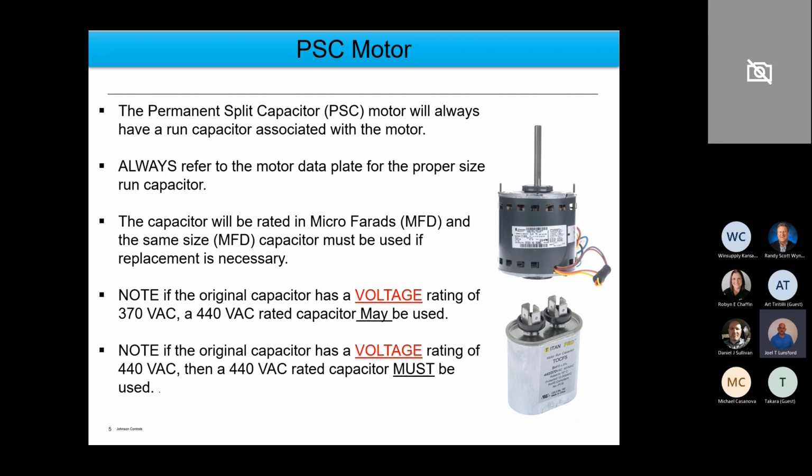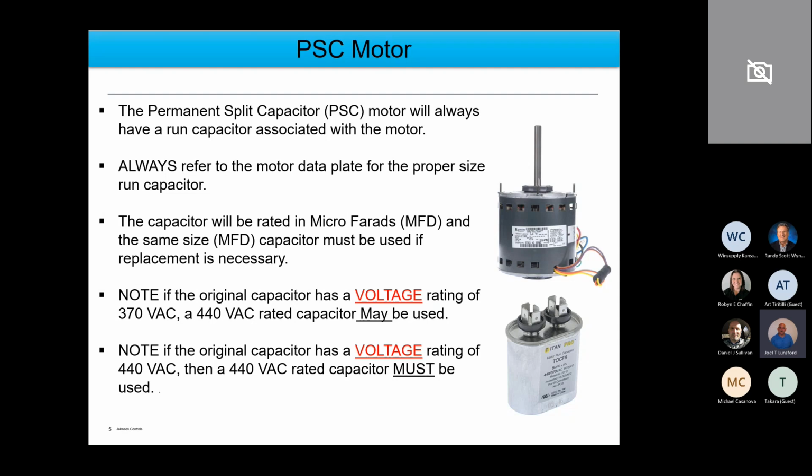There are different voltage ratings that go along with that microfarad rating. So please don't confuse those. The microfarad rating is how big the capacitor is as far as its ability to act like a capacitor. But the voltage rating is how much voltage that capacitor can handle without breaking down or having damage to the capacitor. So the higher the voltage rating, the more heavy duty the capacitor is.